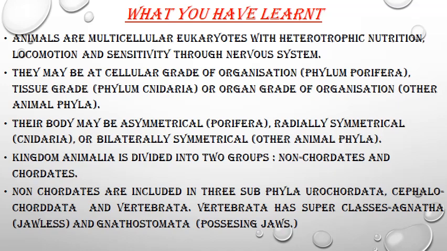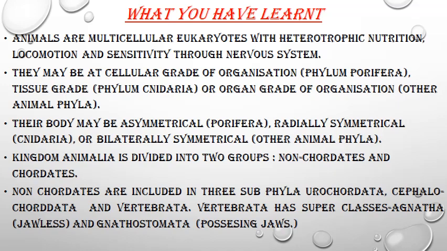They may be at cellular grade of organization, phylum Porifera, tissue grade, phylum Cnidaria, or organ grade of organization, other animal phyla. Their body may be asymmetrical like Porifera, radially symmetrical Cnidaria, or bilaterally symmetrical other animal phyla.